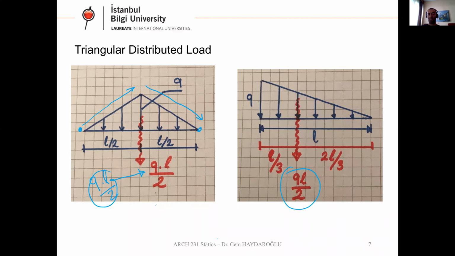The center point of a perpendicular triangle is 1/3 L away from the highest point, because we have the highest loading at this point.